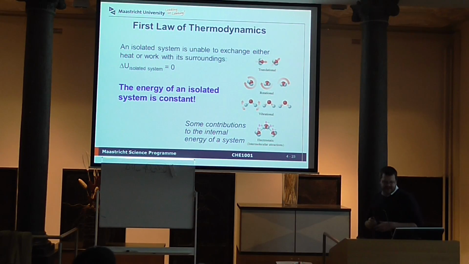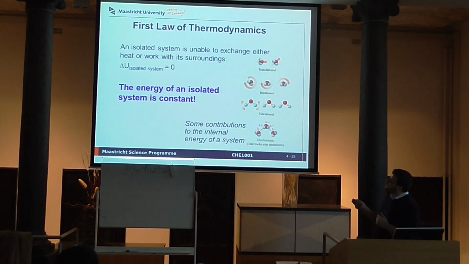An isolated system is unable to exchange either heat or work with its surroundings. Now remember, we had three systems right at the beginning of the lecture: an open system, a closed system, and an isolated system. We said an isolated system is a system that does not interact at all with its surroundings, neither by energy nor by exchange of matter.